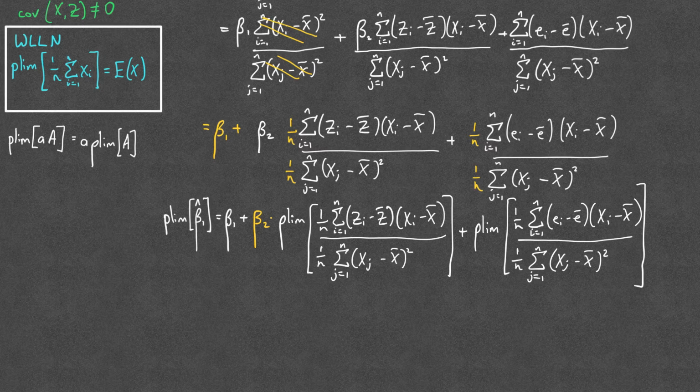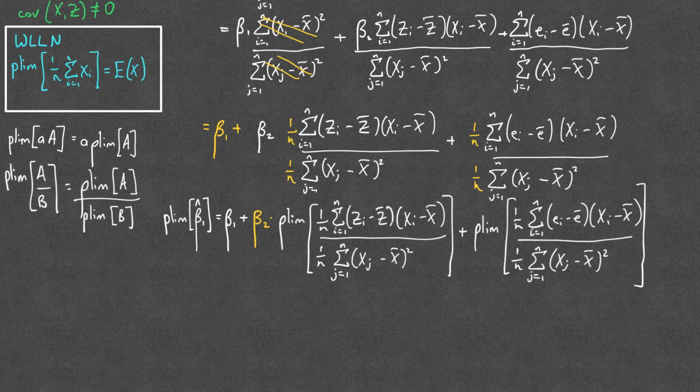Now the second rule of p-lims that we're going to use is that the p-lim of a ratio is just equal to the ratio of the p-lims, provided the p-lim of the denominator, in this case p-lim of b, exists and is non-zero.